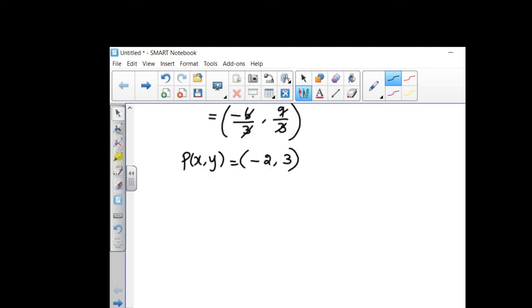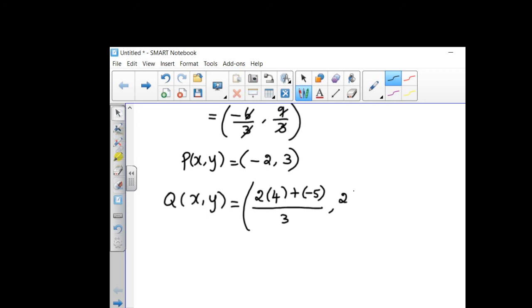Then point Q of x comma y, that also the same method, but the formula is different. 2x2. Okay, so 2 into x2 value is 4. So 2 into 4 plus minus 5 divided by 3 comma 2y2, which is minus 3. So 2y2 plus y1, which is 6, divided by 3.